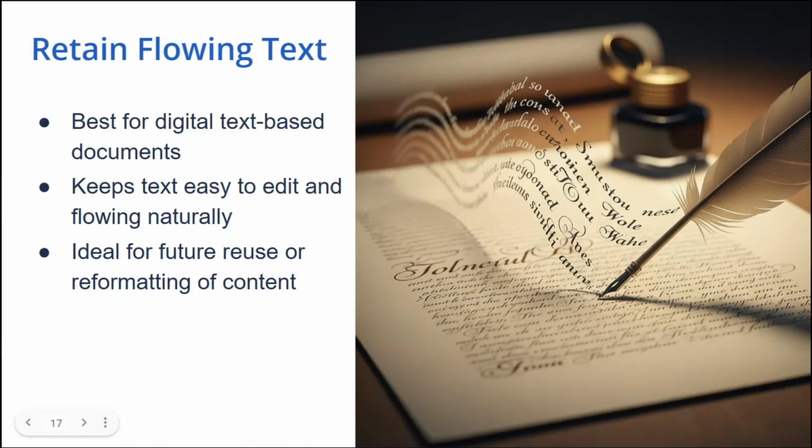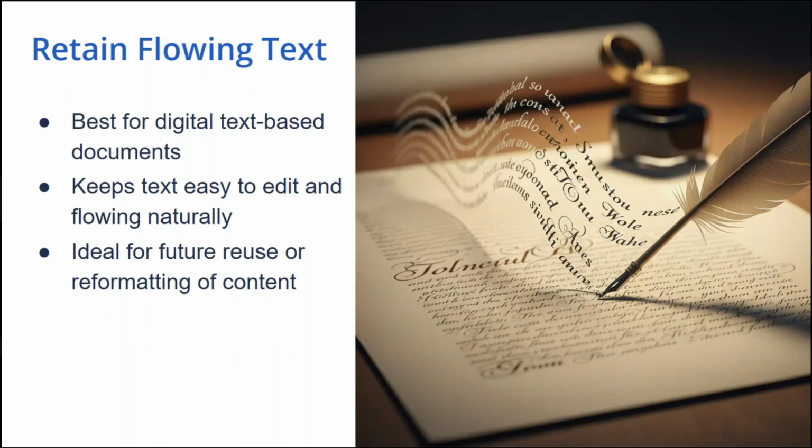So I suggest you use this when you have documents that are PDFs that are text-based, like Word, Google Docs, or even if you have a PDF that comes from an InDesign software, because the translation output will flow naturally.